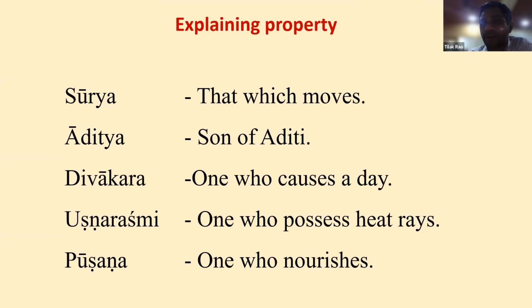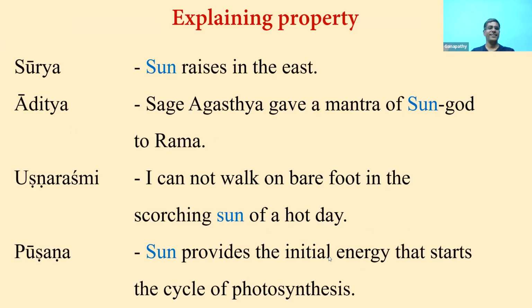So most Sanskrit words are like that. It also shows what we know about that object. If our understanding improves, then new words will also be created to show the improvement of our knowledge. Correct. Therefore, we don't use Sanskrit words randomly.